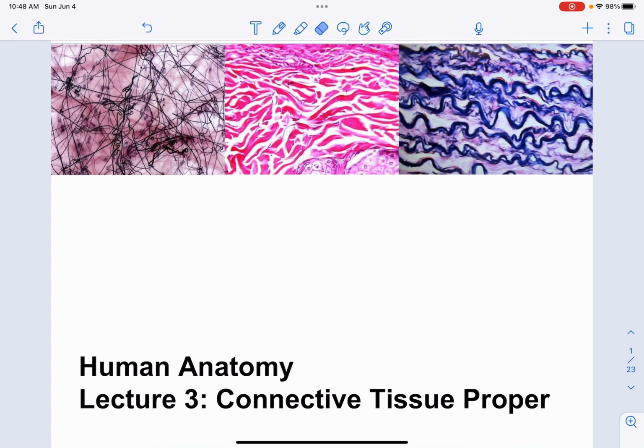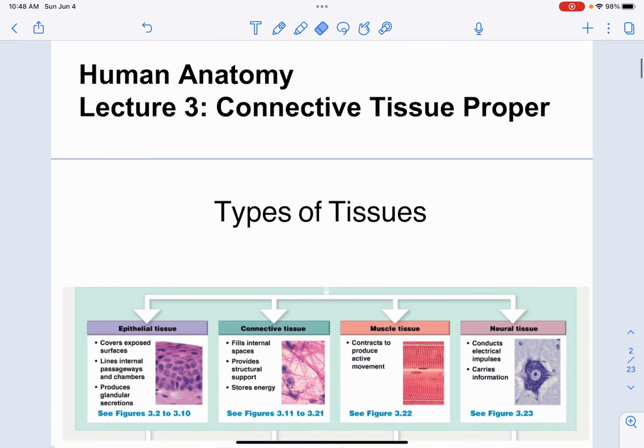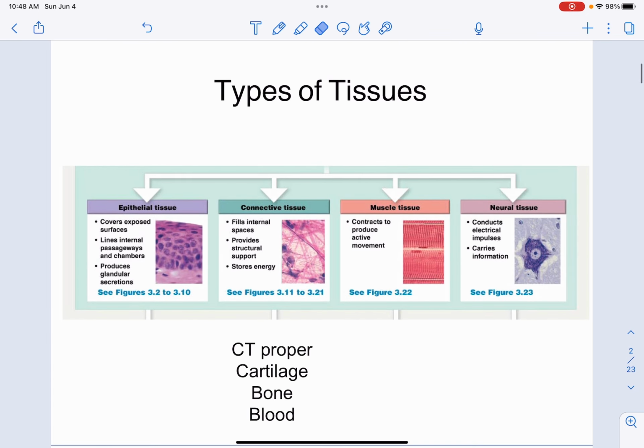All right, today we are going to do lecture 3, which is all about connective tissue proper. So you've seen this slide before. We talked extensively about epithelial tissue. And today we are going to talk about connective tissue.